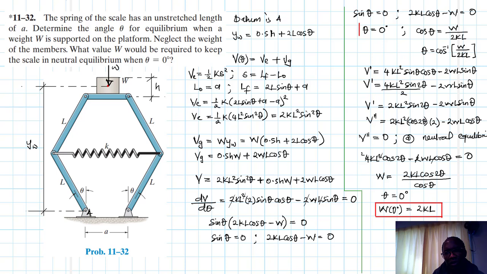We have the first one, which is 0, and then we have the second one, this one here. So I think this is about it.